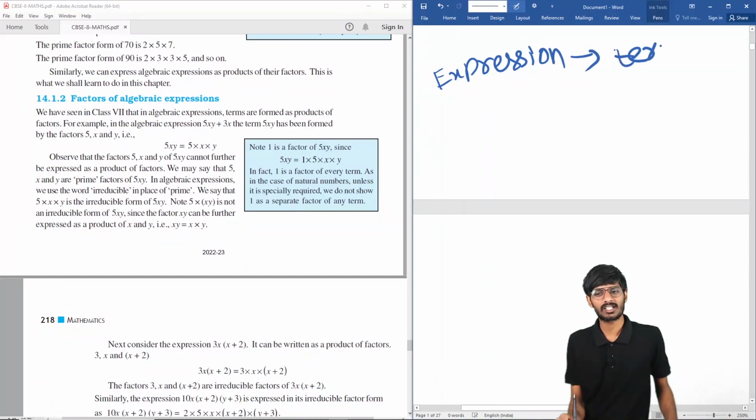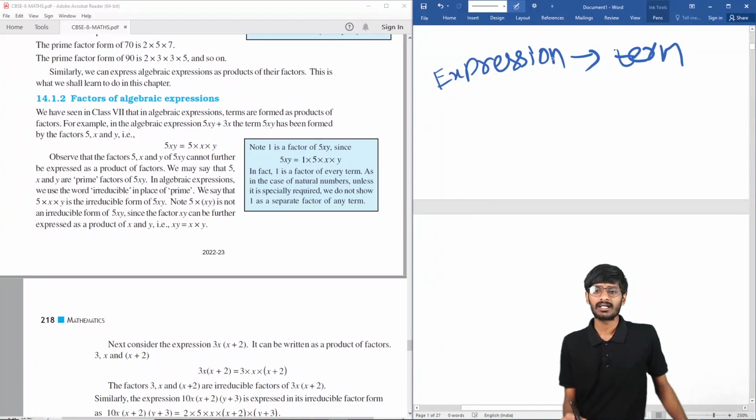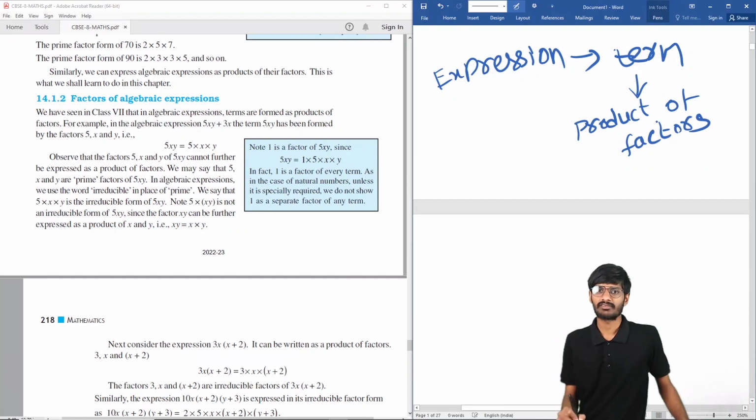If it has one term it is a monomial, two terms a binomial, like that we have studied, students. Terms are formed as the product of factors. How are terms formed? They are formed as the product of factors. If you multiply factors, the product will give a term. So in a term there is a product of factors, students.